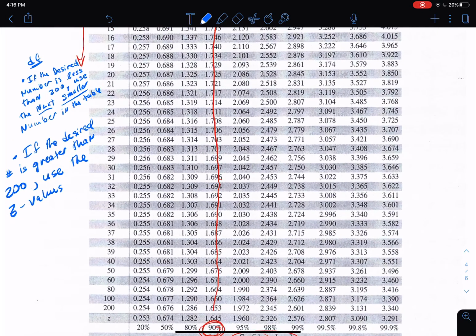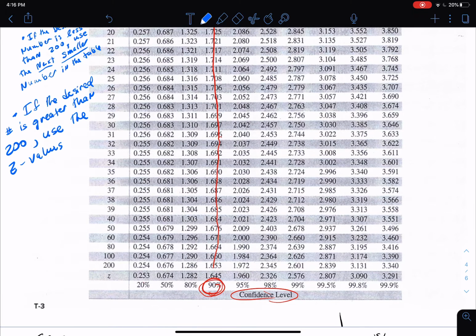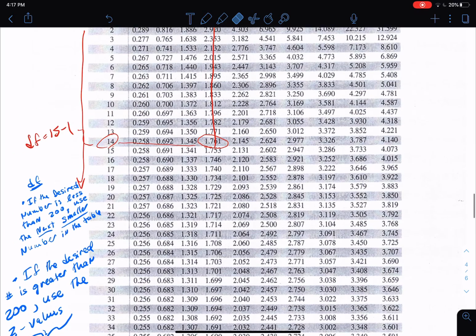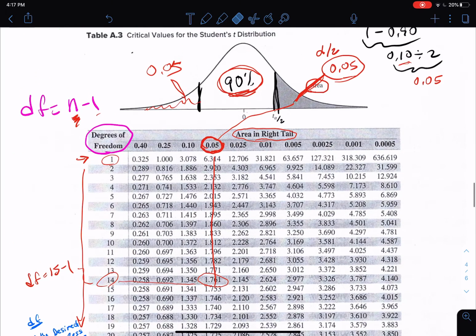Where are those on this table? Once again, once you're above 200, you just use that row, which is identical, which are just z-values, okay? All right, so that's my little run through of this before we actually do some problems. Let me get rid of some of this stuff so I can actually use this table when we get to that time.